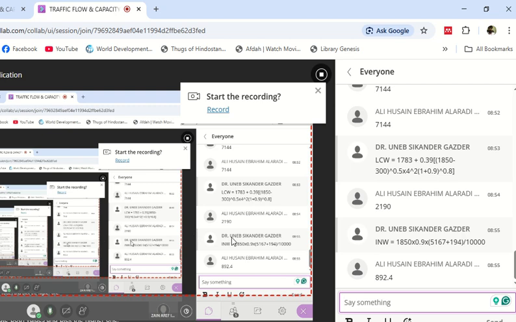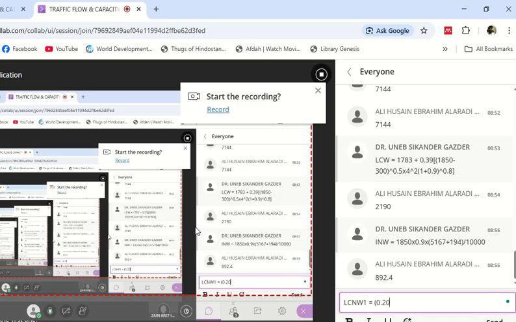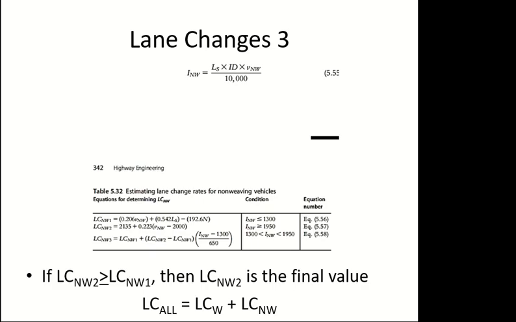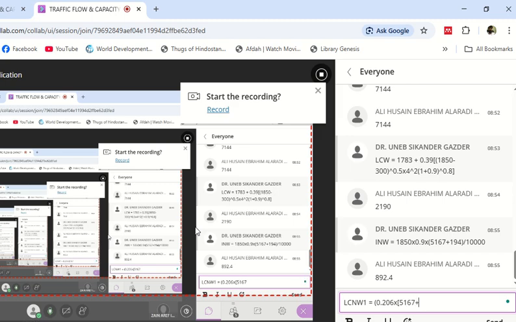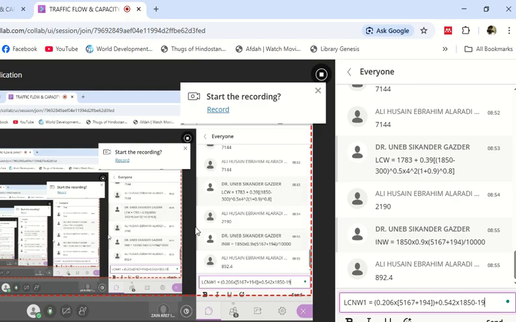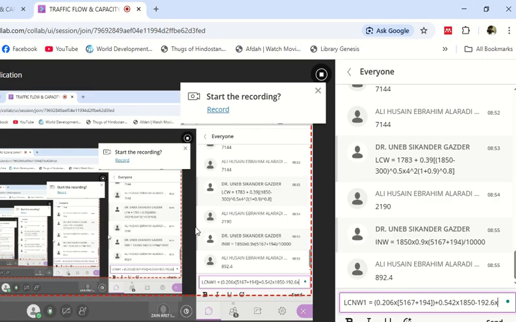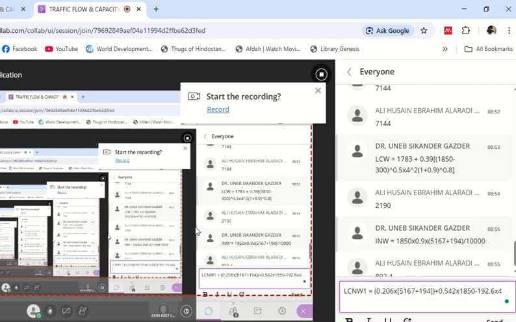So I will calculate from the first one. Okay, this one and the other one as well.